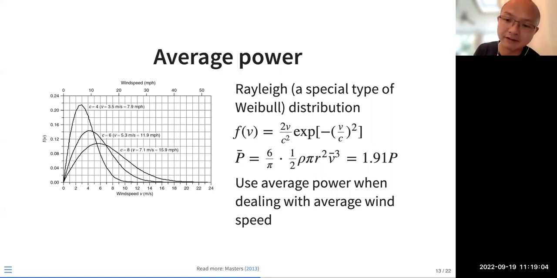Also, if you use average wind speed in the instant power formula and forget to multiply by 1.91, then you get less power than you would have in your power plant. This is a very important correction that you need to be aware of.